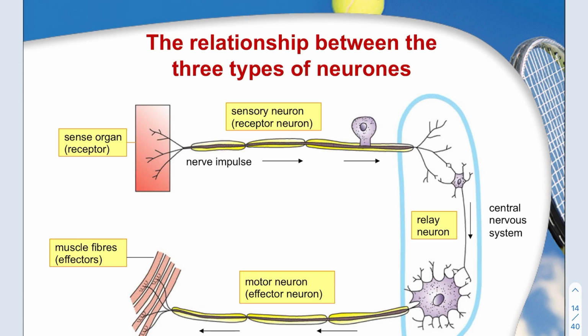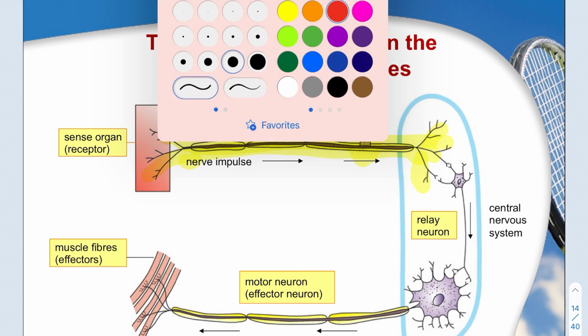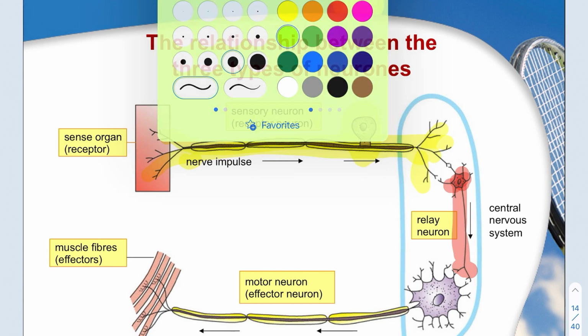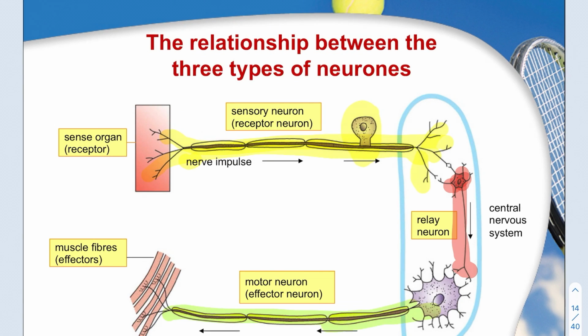So in this case, the one highlighted in yellow is the sensory neuron. As you can see, the cell body is somewhere in the middle of the neuron. The one in red represents the relay neuron, and you can see the cell body is at the end of the neuron, while if you look at the motor neuron highlighted in green, you'll realize that the cell body is also located at the end.